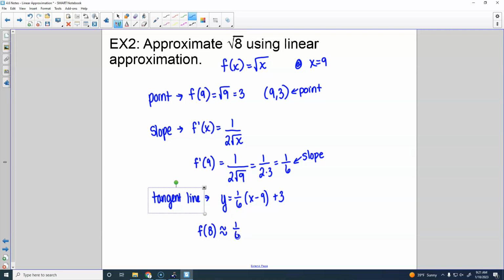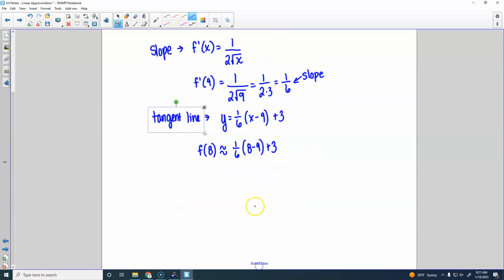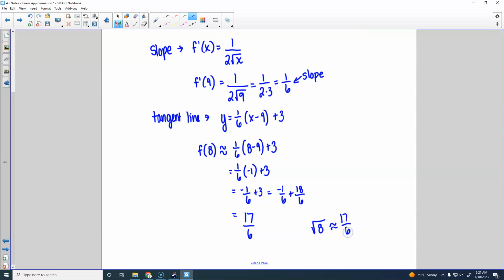We're doing 1/6 times 8 minus 9 plus 3. And so we got 1/6 times negative 1 plus 3, so negative 1/6 plus 3 is going to be negative 1/6 plus 18 over 6. So you get 17/6 is your approximation. So square root of 8 is approximately 17 over 6.